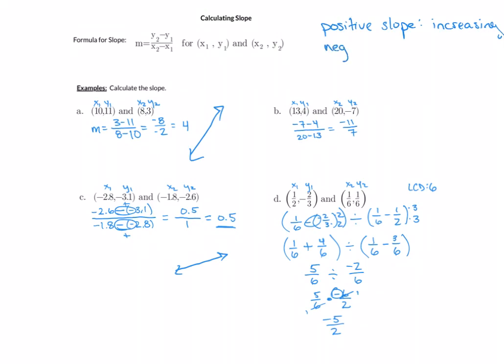The other one we want to talk about is negative slope. This is decreasing. So for B and D, these are going to be going down from left to right.